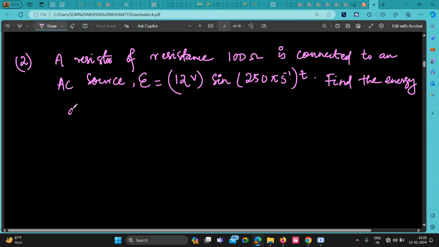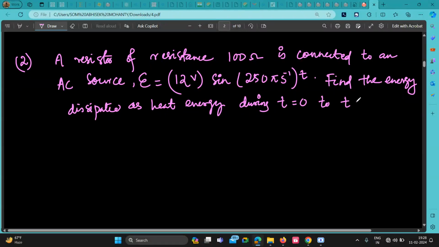Find the energy dissipated as heat energy during t is equal to 0 to t is equal to 1 millisecond.